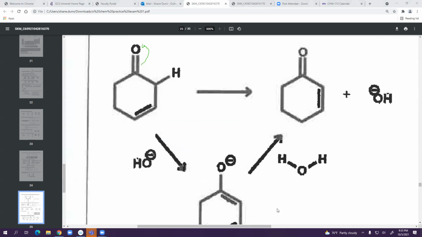This bond goes up, right? This guy will go here, because this guy became slightly positive and I need a slightly negative thing right next to it. It's gonna form a double bond here with those lone pairs I broke off from the hydrogen. And then these lone pairs will attach to that.